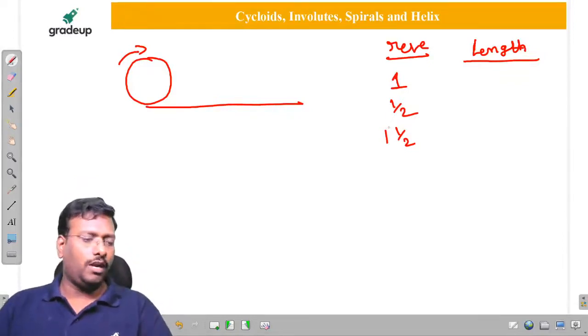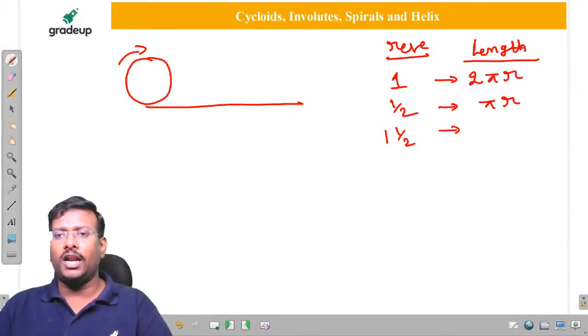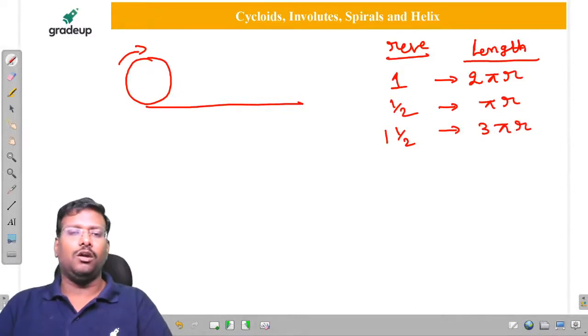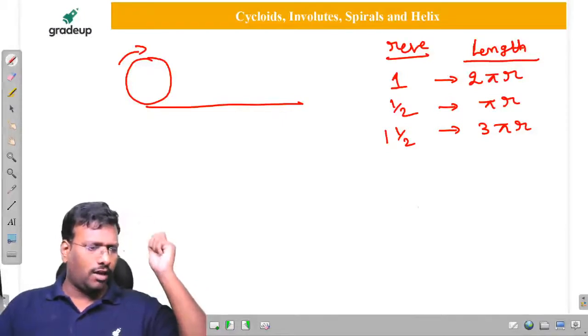If it is one revolution, excellent Shivangi, 2 pi r length is required. If half revolution, pi r. 1.5 revolution, 3 pi r. Okay, sir, I understood. Yeah Atul, I will repeat.